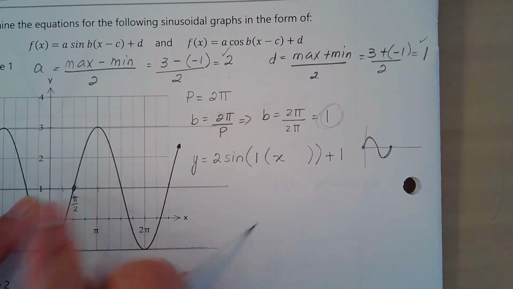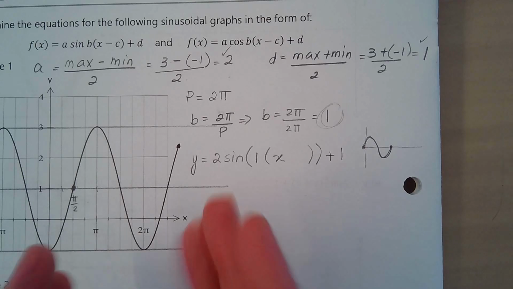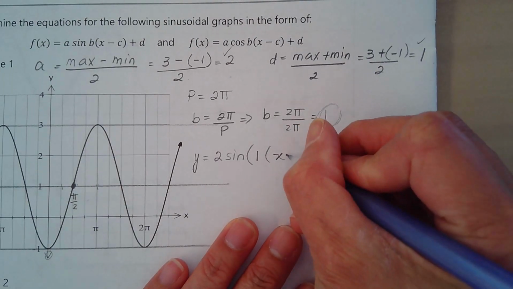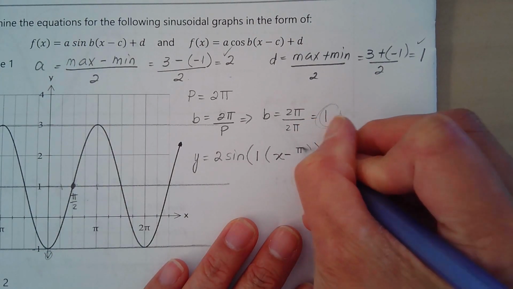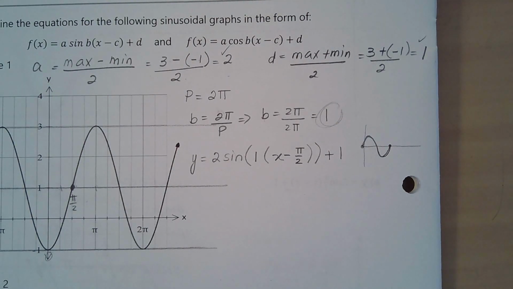What's that mean? It got shifted to the right by pi half. So what do I put? Minus pi half. Is that good?